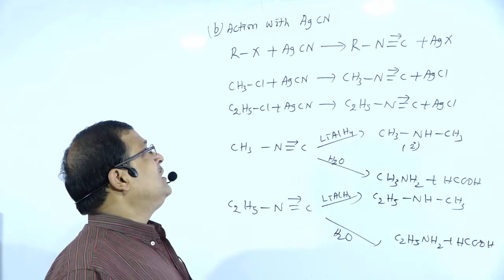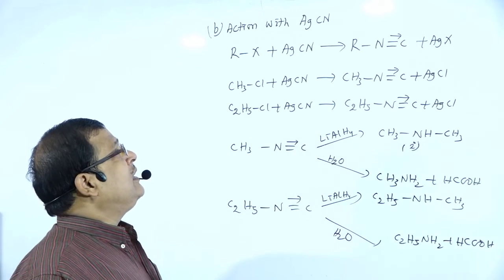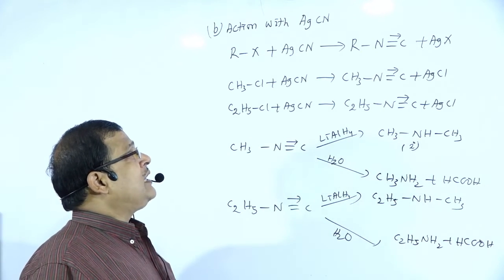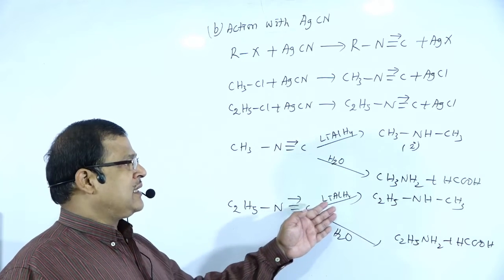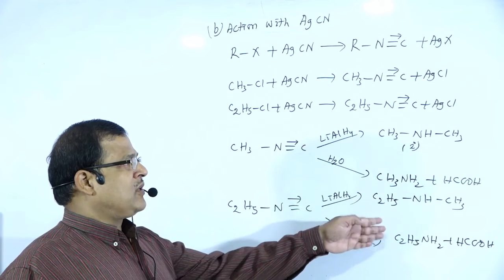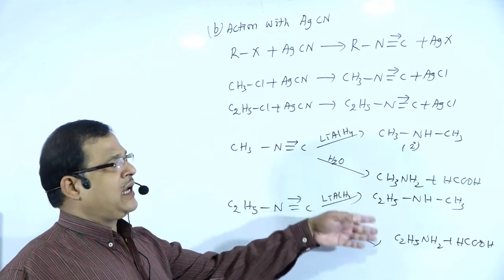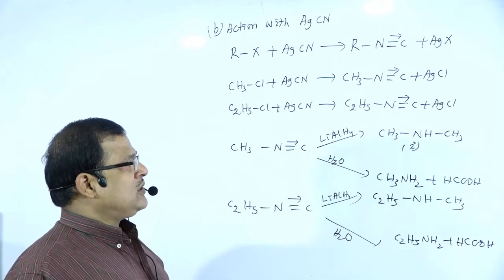So this is the difference between reactions of alkyl halide with potassium cyanide and silver cyanide and their respective products.